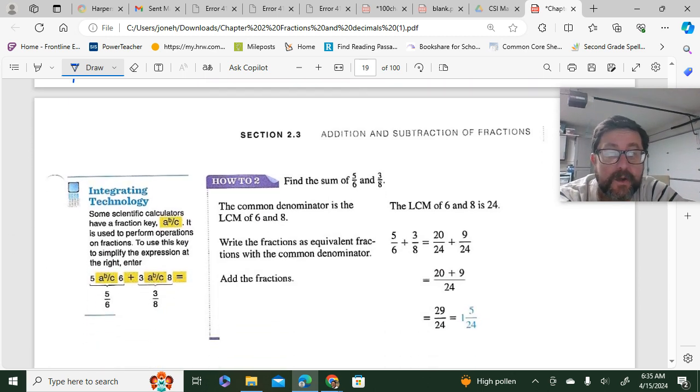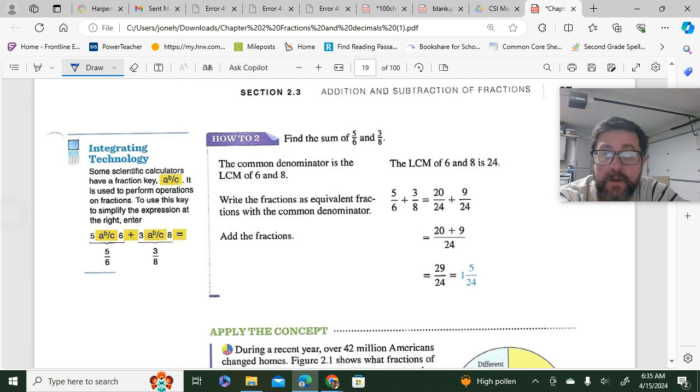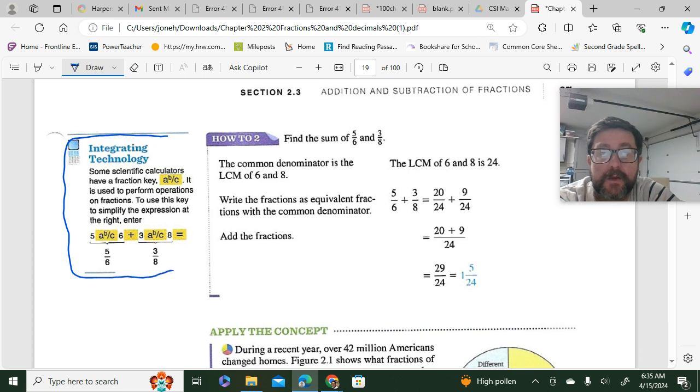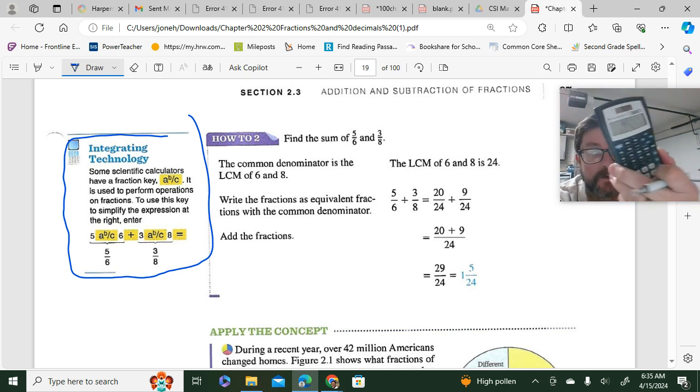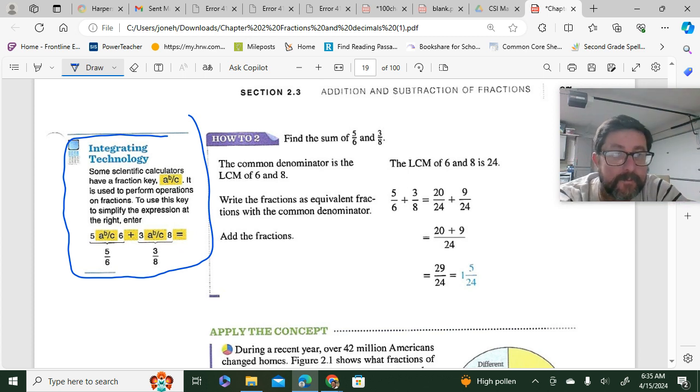Ooh, this is what I was telling you about earlier. I knew it was in this chapter. Read this. Integrating technology. Some scientific calculators, which this is probably the most common scientific calculator. Like I said, they used it on tests at BSU.